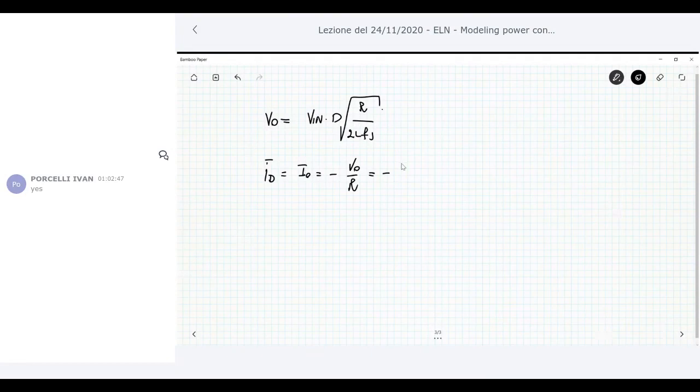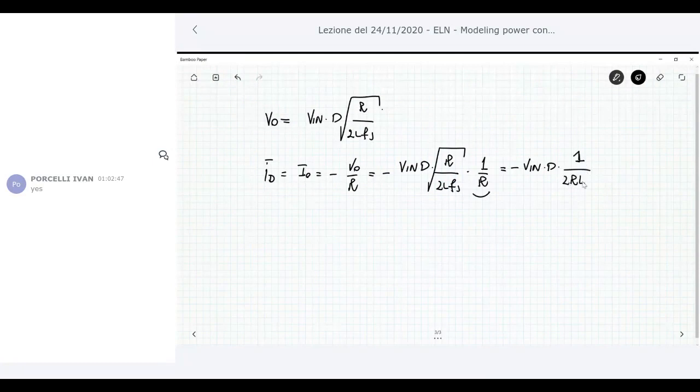So V naught is V in multiplied D times the root of R over 2 L Fs, and then you have to divide by R. Okay, so you can take this R within the square root, and what happens is that you have V in multiplied D, 1 over 2 R L Fs. Okay, so ID average value is negative V in D.